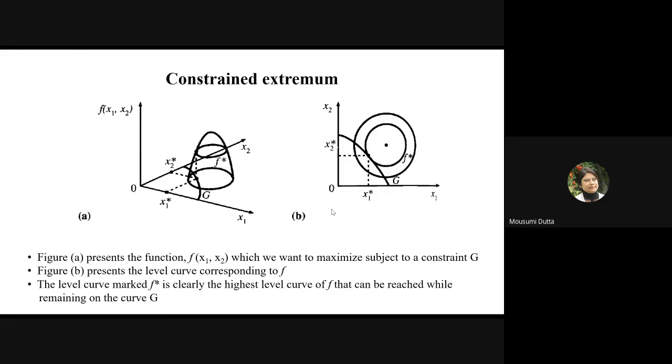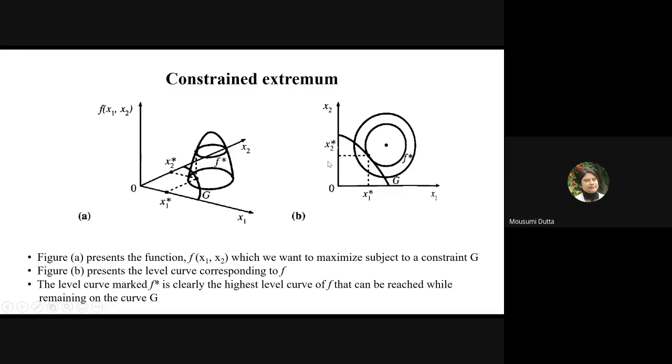And here there is the graphical presentation of the constrained extremum. In the case of n unconstrained variables, we just considered the level curve in this way; I didn't bring any constraint here. Along with the level curve, or this graph, we now have the constraint.